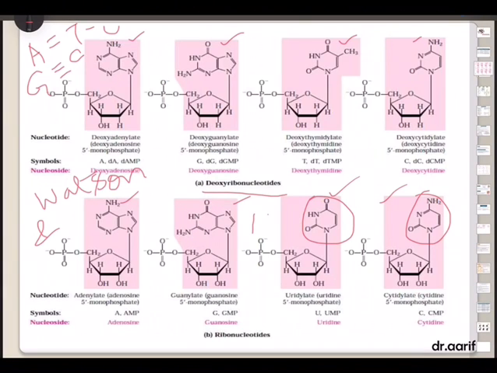To understand all these experiments, we must be thankful to 2 great scientists, Watson and Crick, Professor Watson and Professor Crick. These 2 scientists gave the world the double helix structure.